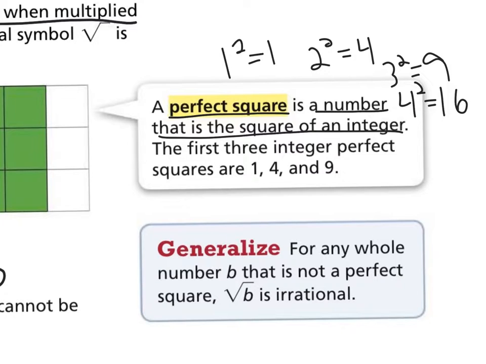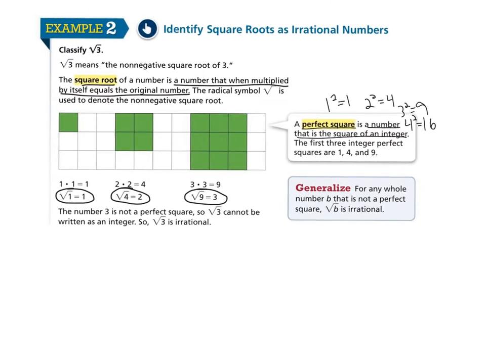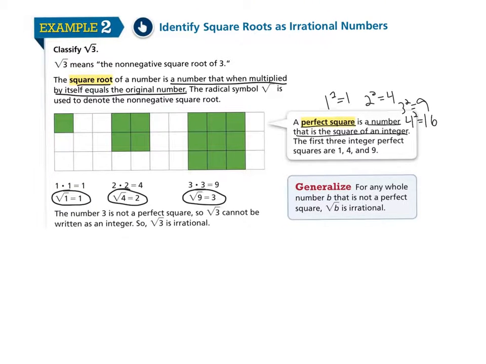One way of looking at it here, if you'll notice the green squares on the page in your book, notice they actually make squares. Overall, it makes a square, and then we can look at how many smaller squares they have inside of them. So a 3 by 3, 3 times 3 is 9. If we went a step further, 4 by 4, 4 times 4 is 16. We'd have 16 squares in it.